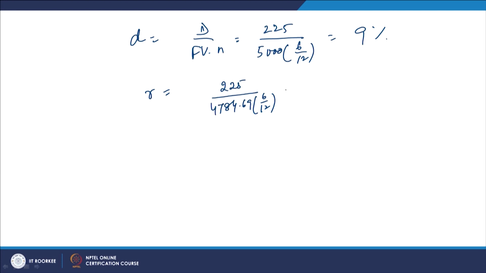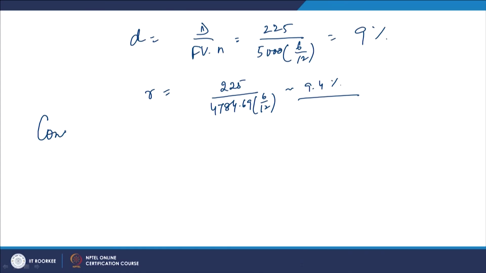So, this comes out to be 9.4%. So, when you calculate using the simple discount method, it gives you a larger rate of interest.